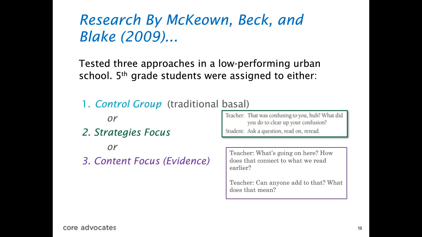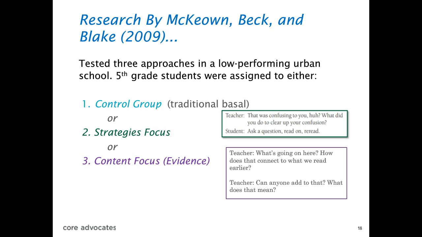What they did is they took a look at 5th grade students from a low-performing urban school, and they put 3 groups together. They had a control group using their traditional basal, which had some questions tied to the reading. They had a strategies focus group, which was all about guiding students' access to text using reading strategies.